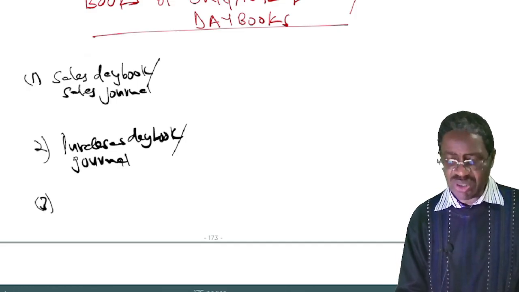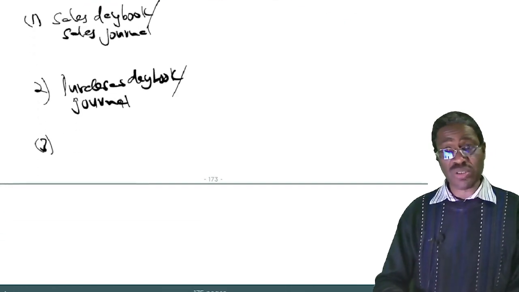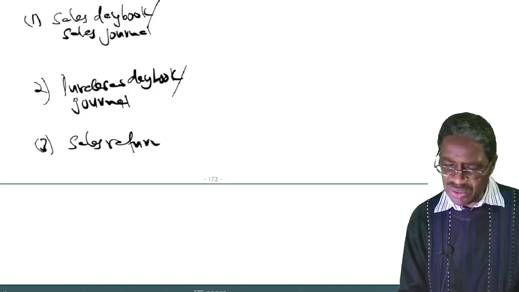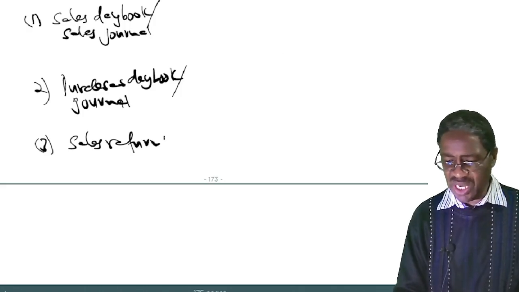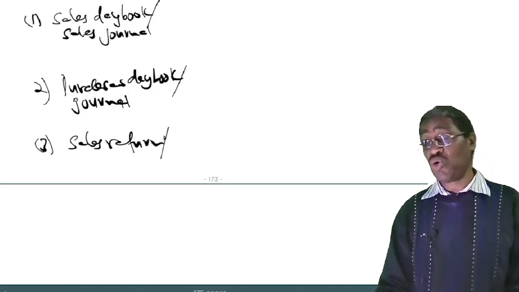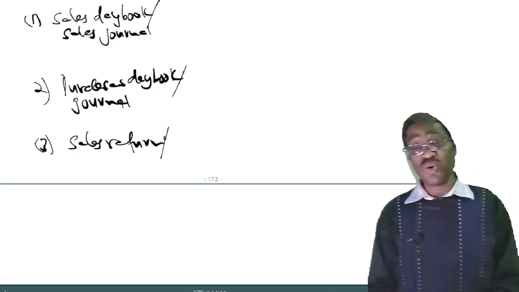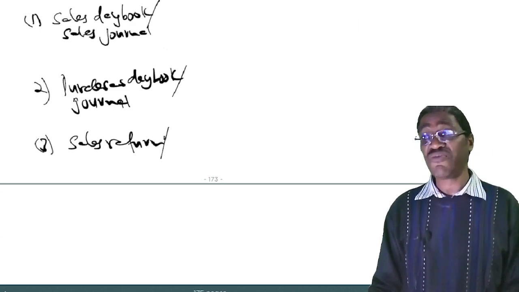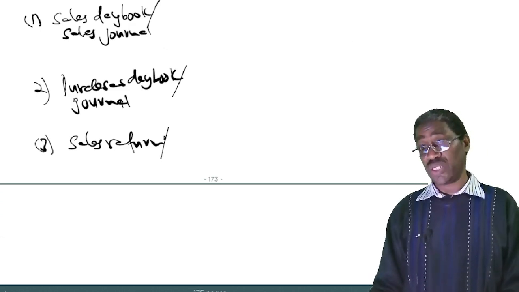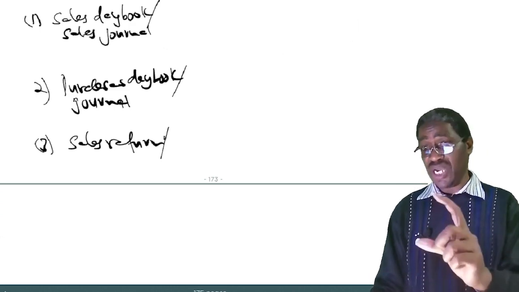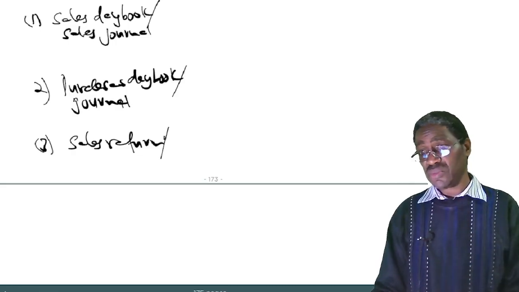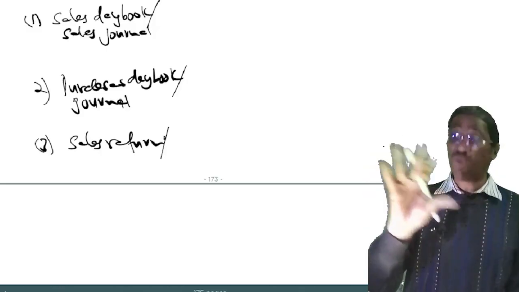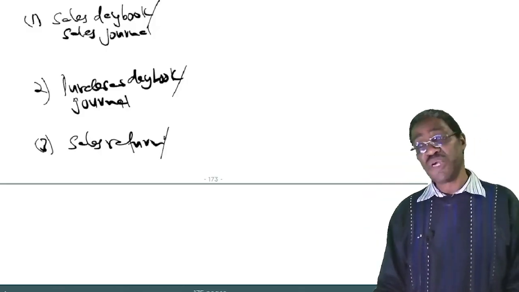Another daybook is what we call the sales return journal. By the way, I do hope you remember that when we were looking at the concept of sales returns, we also said another name for it. What's another name for sales return? When we were looking at the rules of double entry, by now you should be able to remember.